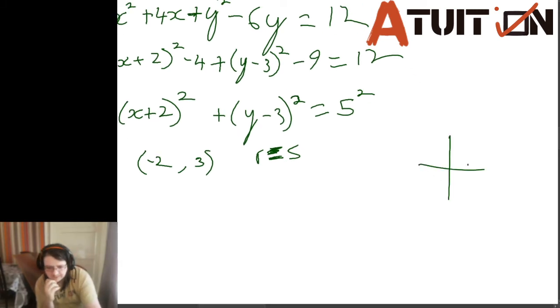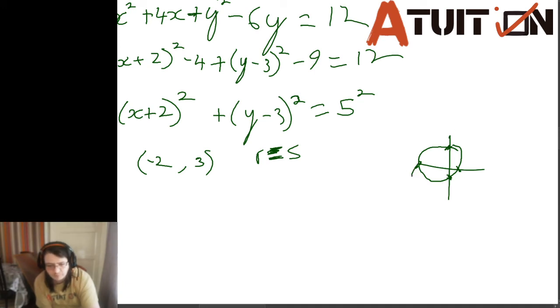If we want the x-intercepts and the y-intercepts of this circle, that's there, there, there, and there. Those are the coordinates that we want. And we've already got half of them, as in we've already got either the x or the y component of each coordinate.